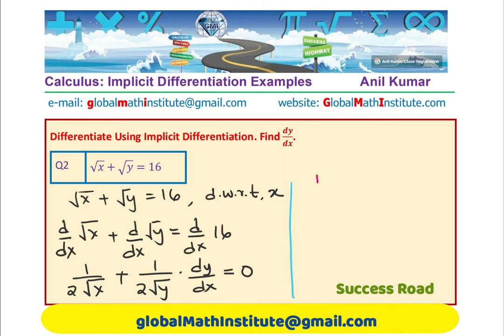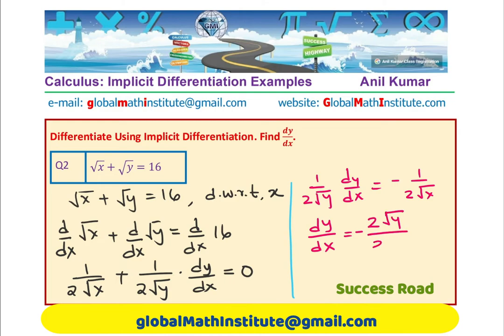So the first term, which we'll now write here, is 1 over 2 square root y dy/dx, and we take the other term to the right hand side as minus 1 over 2 square root of x. Now multiplying both sides by the denominator on the left, we get dy/dx, with a negative sign, 2 square root y over 2 square root x, right?